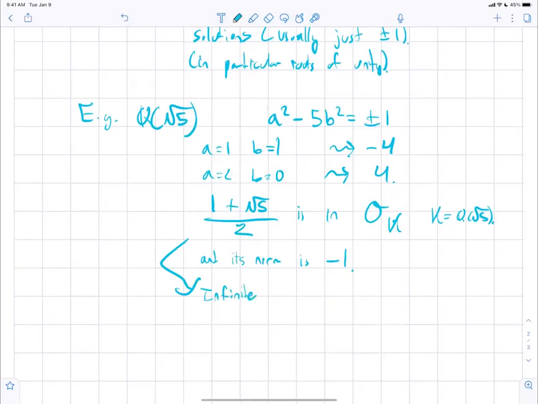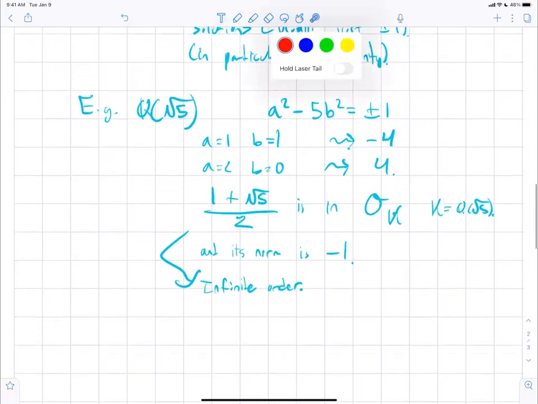So it's not like the imaginary quadratic case. We know it's not a root of unity because this field can be embedded in the real numbers, and the only roots of unity in the real numbers are plus or minus one. So if you have something that's not plus or minus one, it's not a root of unity. If you have an element of finite order, that means it's a root of unity. So this has to have infinite order.